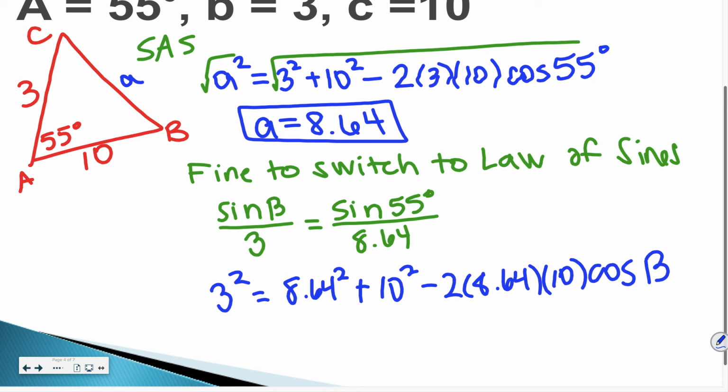Okay? Which one is going to take less work? Probably the law of sines way, which is why I have people wanting to switch. I don't care what you do as long as you're careful. All right?